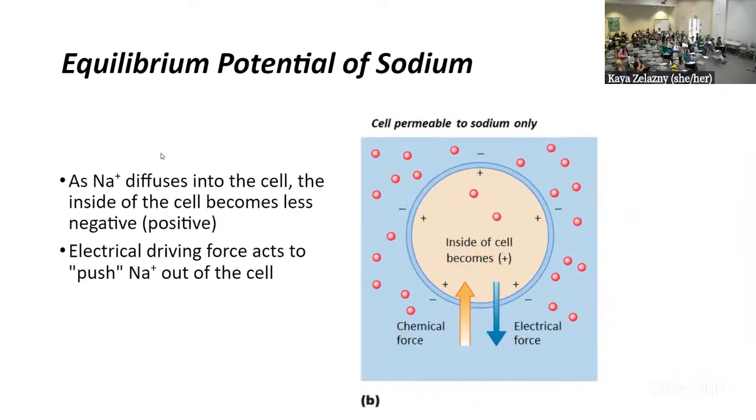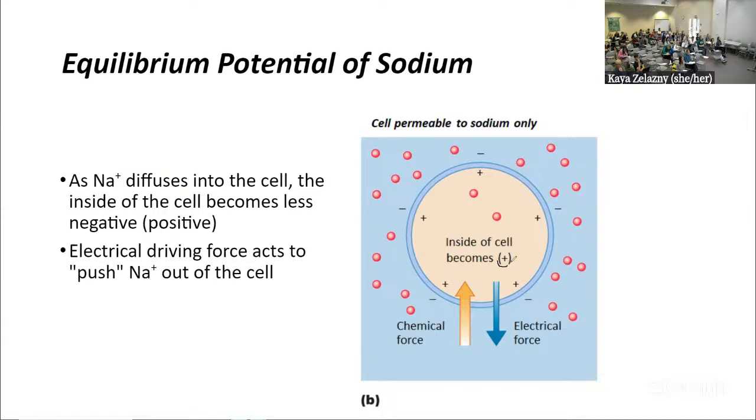The tricky thing is, if we started at 0 and we let sodium come into the cell, we moved positive charges into the cell. We've now made the inside of the cell positive.